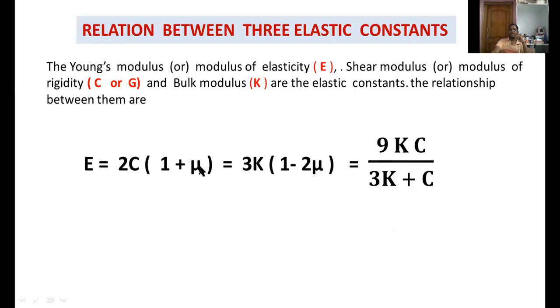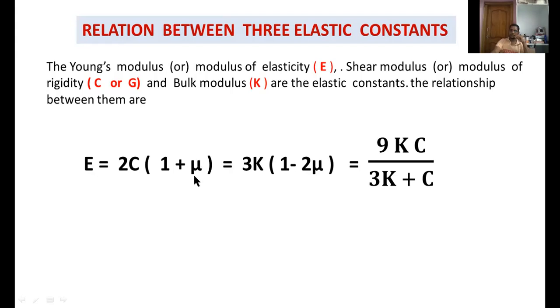We have already discussed Poisson's ratio in this class. Poisson's ratio is the ratio of lateral strain to linear strain. Mu equals Poisson's ratio, also denoted by symbol 1 by m. The formula for Poisson's ratio equals lateral strain by linear strain, that is, (delta d by d) by (delta l by l).